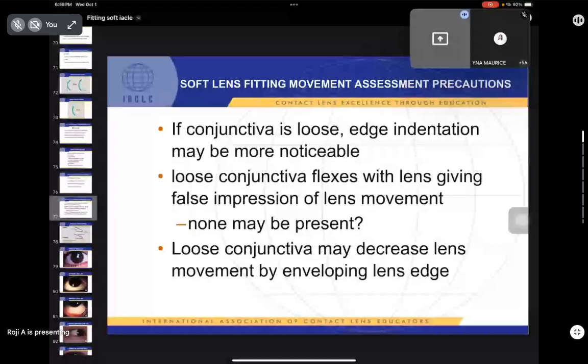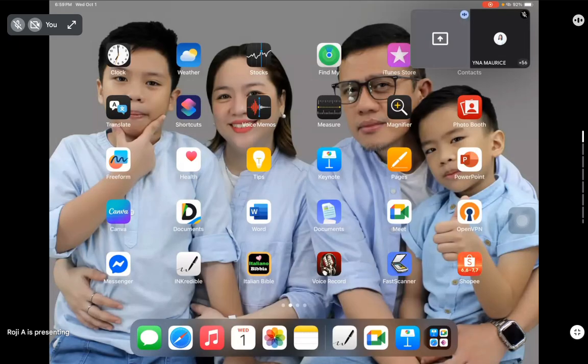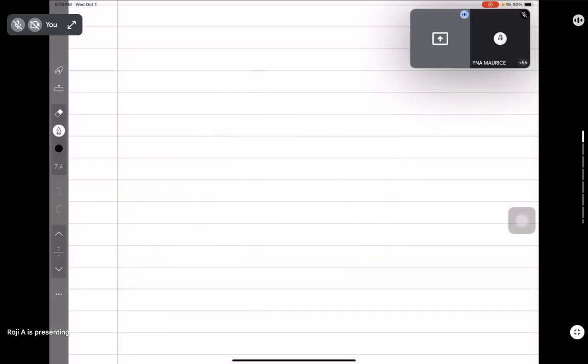Next, you have your assessment precaution. If conjunctiva is loose, then there is possibility of indentation. What is indentation? Indentation is like a suction, when you use a suction, it leaves a mark.